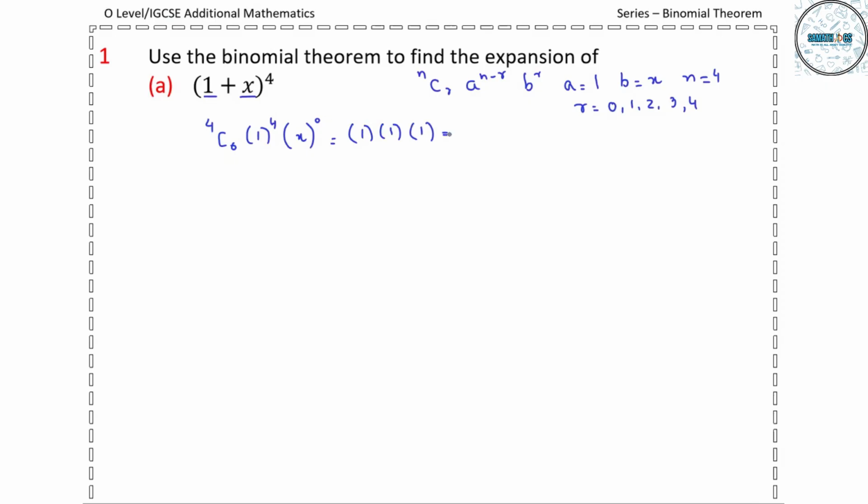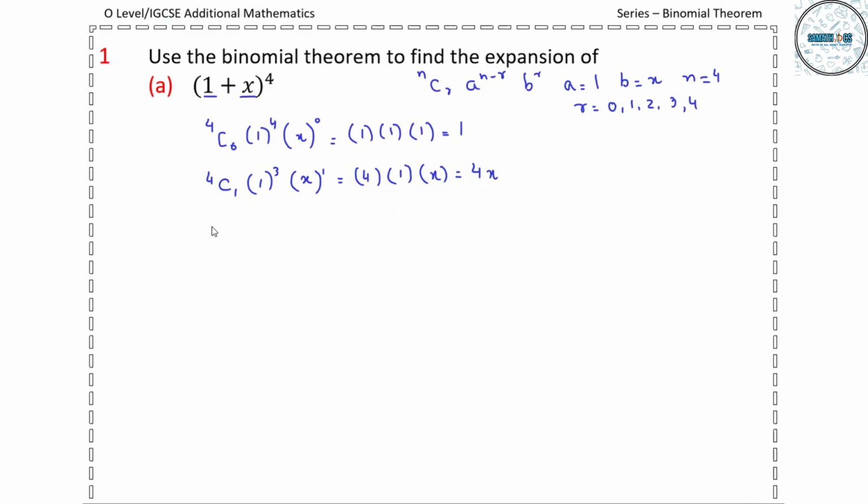So simply we have 1 here. For the second term, the value of r is 1. So 4C1, 1 power 4 minus 1 is 3, and x power 1, which results in 4C1 is 4, 1 power 3 is 1, and x power 1 is x. So we have here 4x.